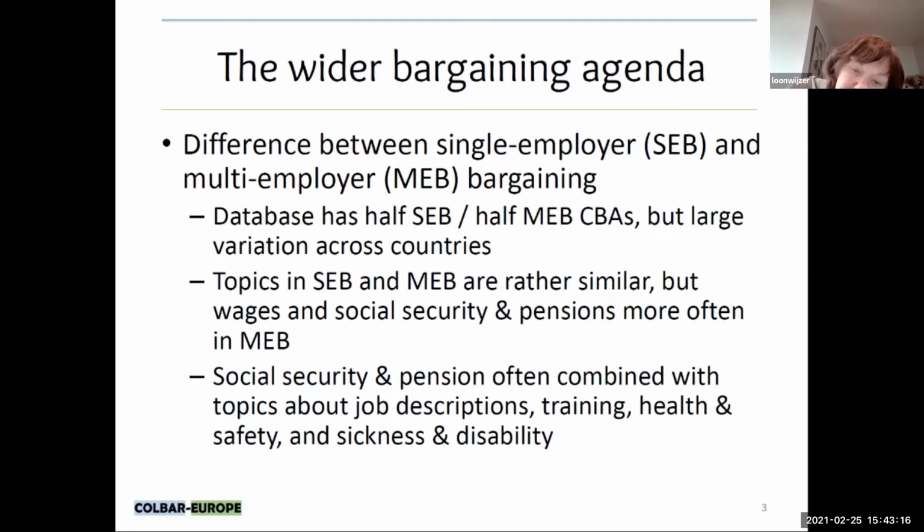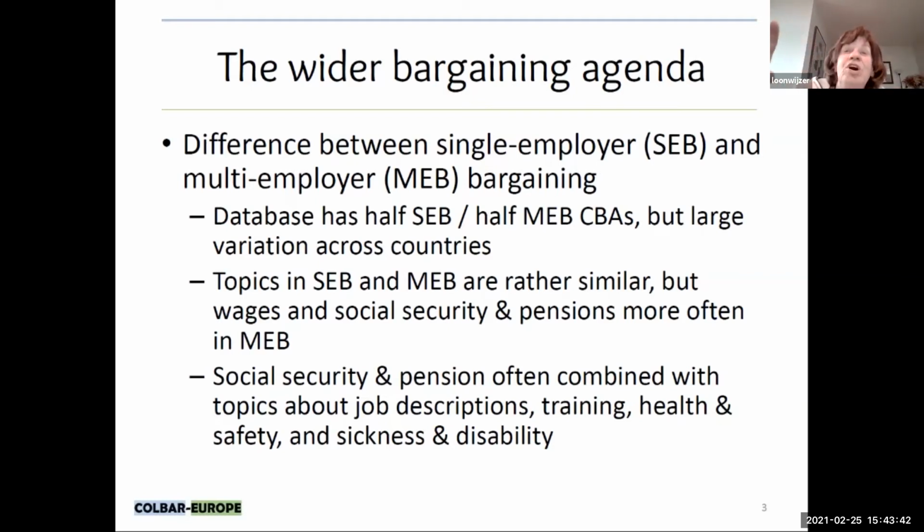The topics agreed in both types are rather similar, though wages and social security and pensions are more often agreed in multi-employer bargaining compared to single employer bargaining. Social security and pensions are often combined with topics about job descriptions, health and safety, and sickness and disability.